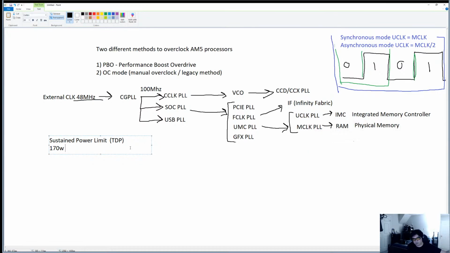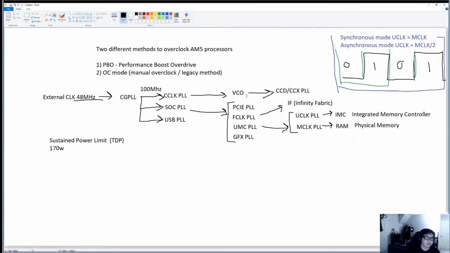So power is equal to the voltage times the current. There's going to be an amps number in there, and then there's going to be the voltage number. So the Vcore, and how that equates to the actual clock of the cores is another thing.